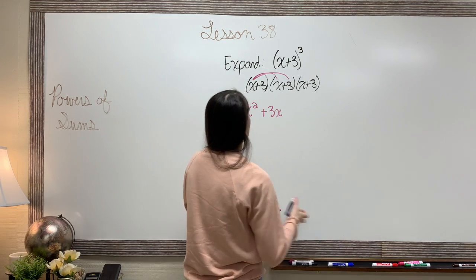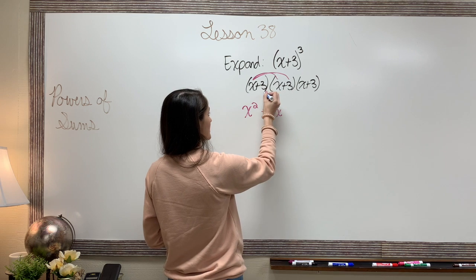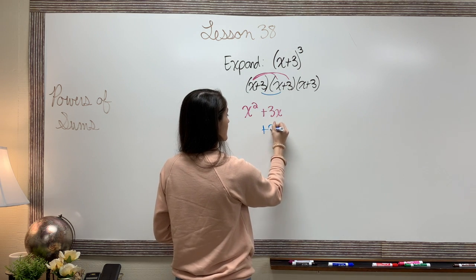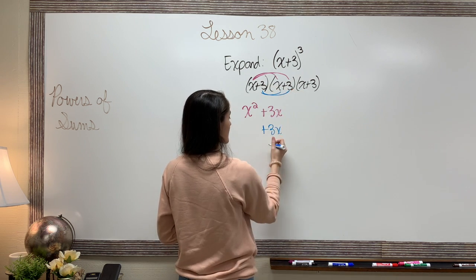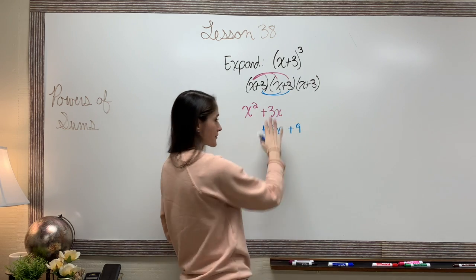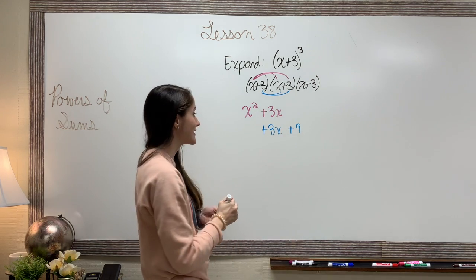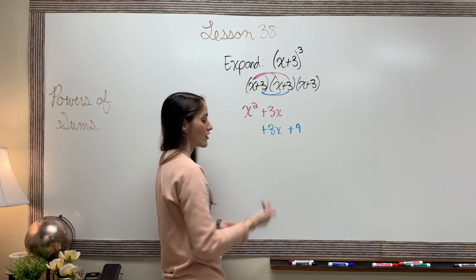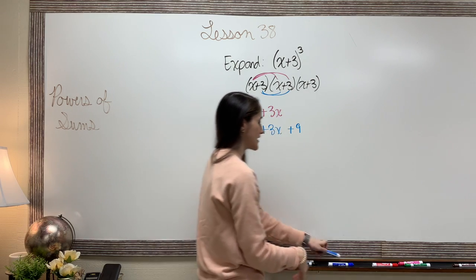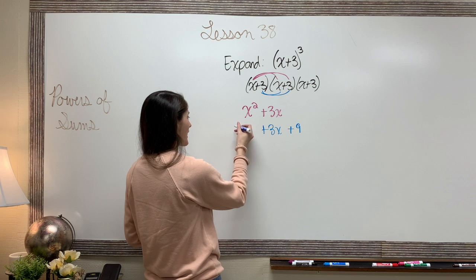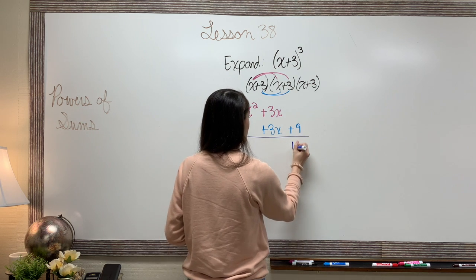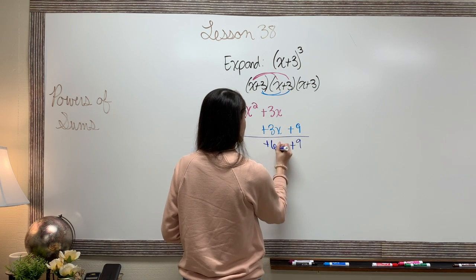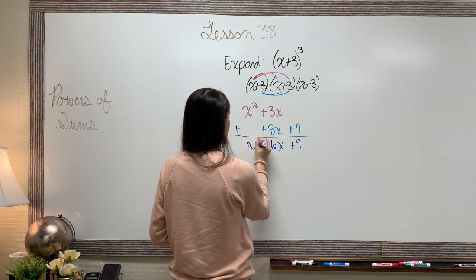The second half is we are going to do inside times inside, so plus 3x, and then outside times outside, so plus 9. And the reason why I set it up like this is so that they are like terms and I can just add straight down. So now whenever I add these together, I'm going to get plus 9 plus 6x and then x squared.